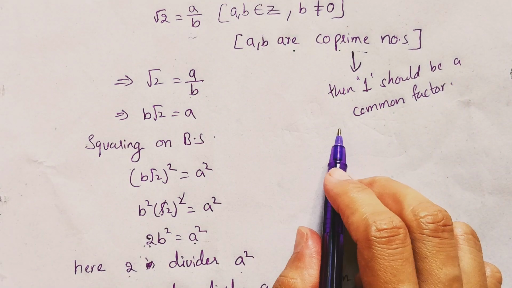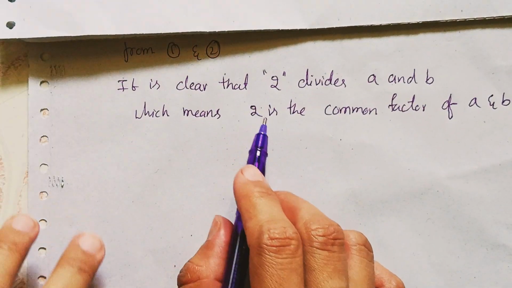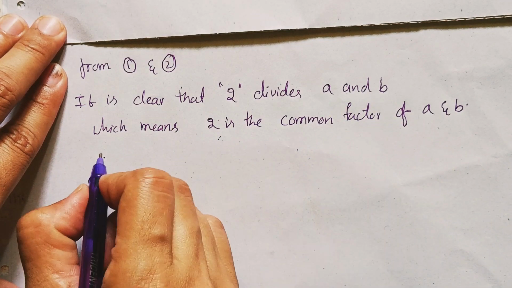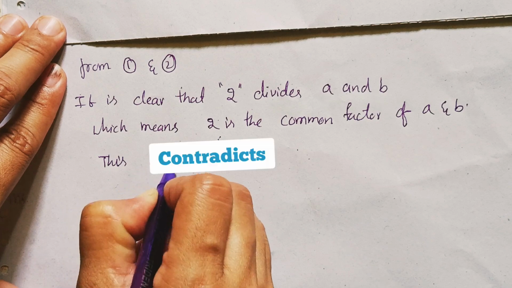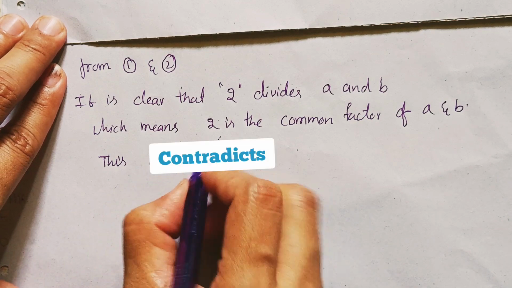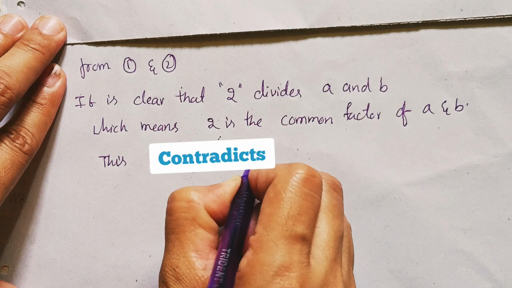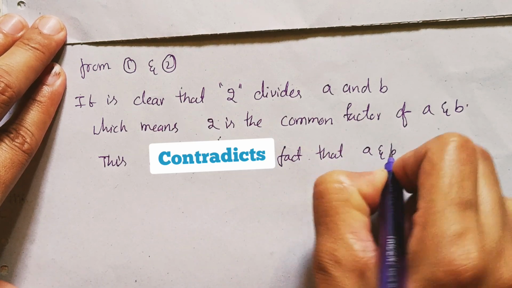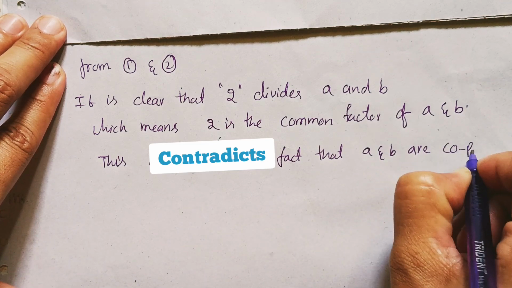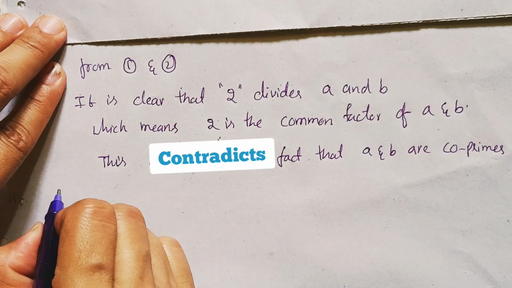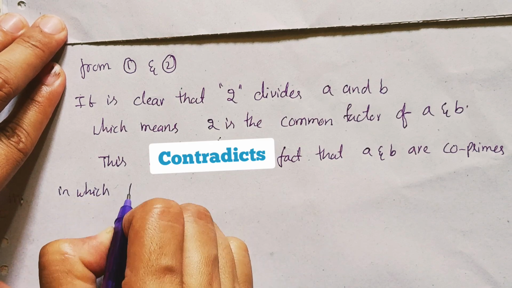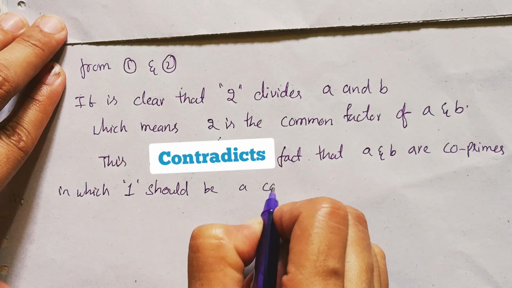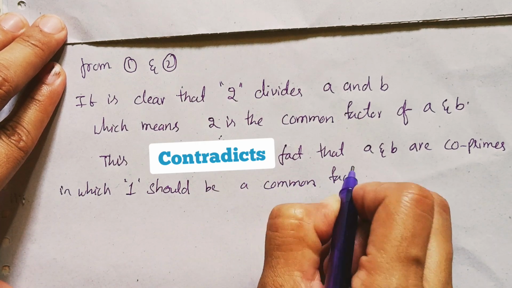1 should be a common factor, but here what we get is 2 as the common factor, which is wrong. So this contradicts the fact that A and B are coprimes, in which 1 should be a common factor.